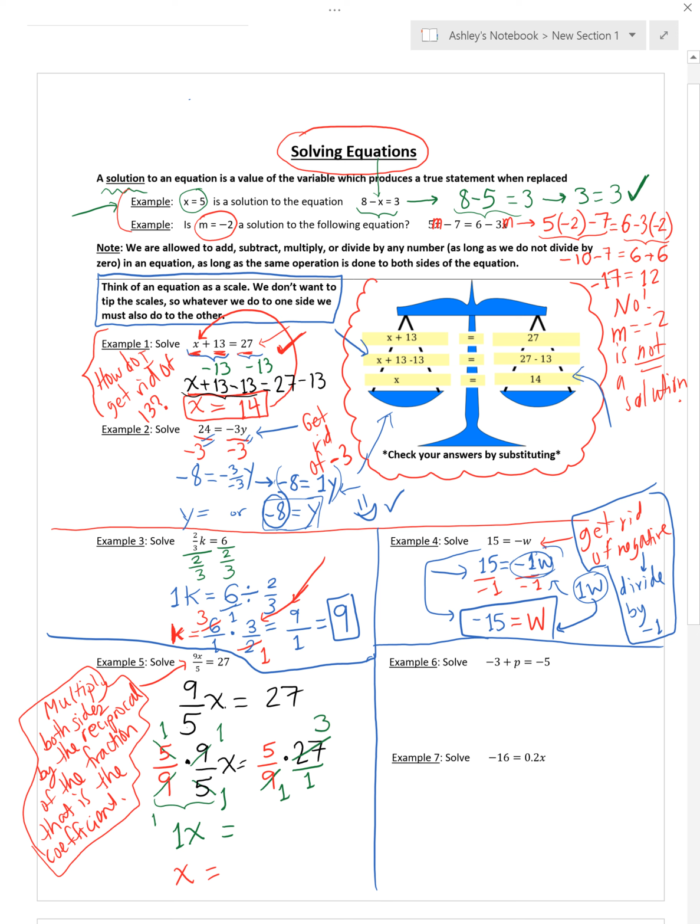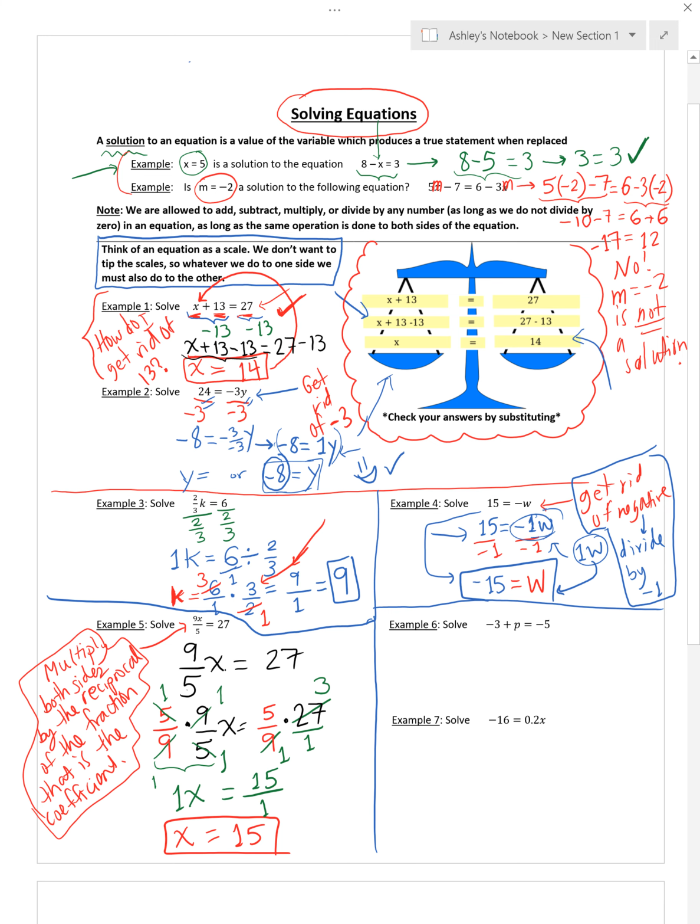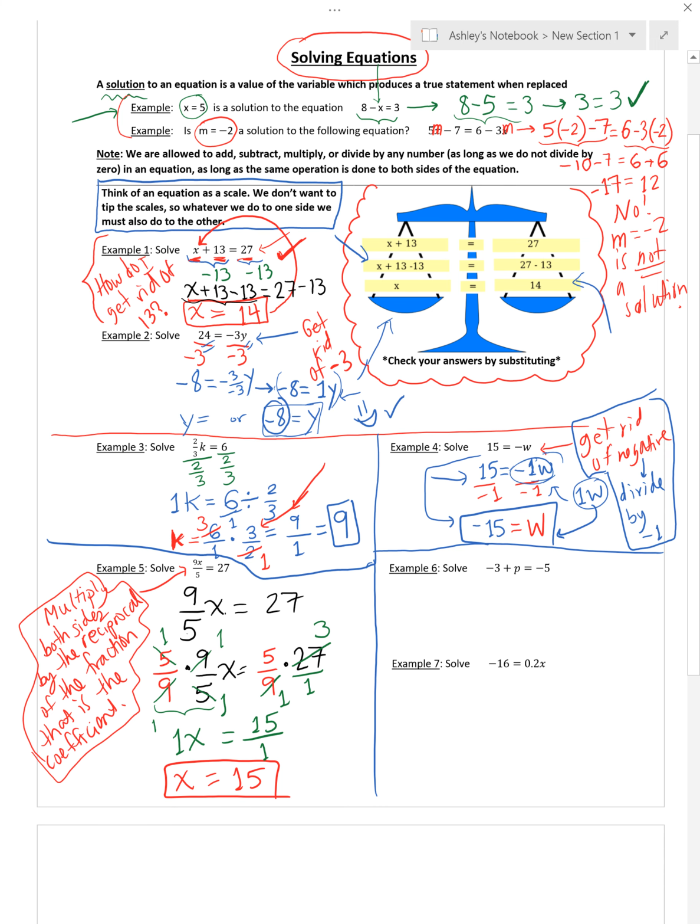So you end up getting, multiplying across, 5 times 3 is 15, 1 times 1 is 1. And I know that any fraction whose denominator is 1 is really just a whole number. So 15 over 1 is just 15. Now that's a good looking answer right there. And that one was maybe so complicated that I might want to check it.